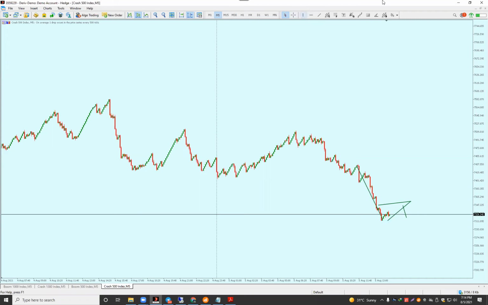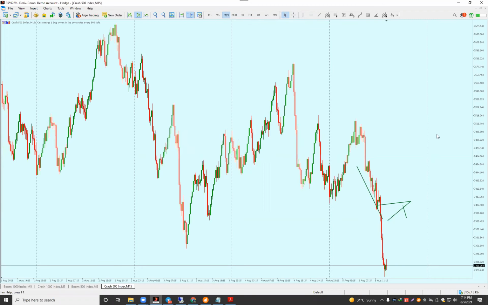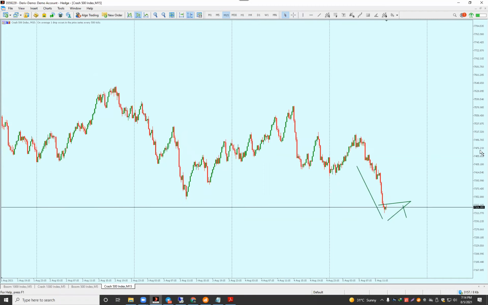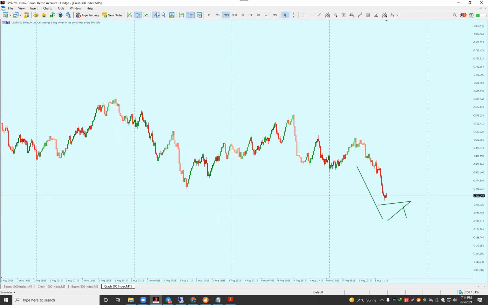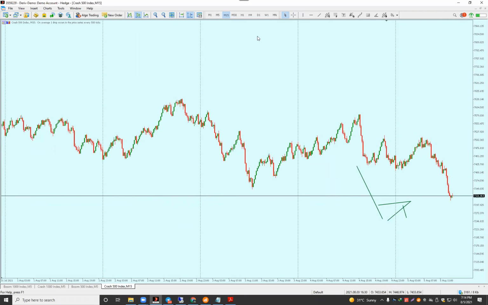Come here on the 15-minute. This pattern, rising wedge, right?